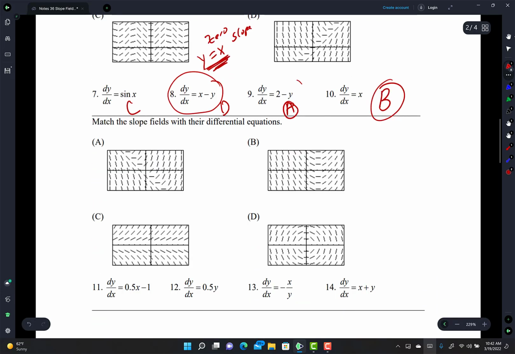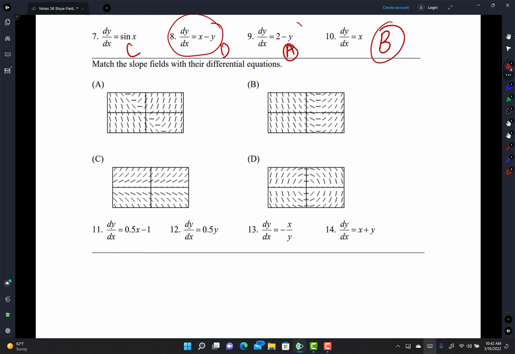All right. Now see if you guys can match that one. And then we'll verify with you guys in a little bit. Try it yourselves. Try real hard, guys.